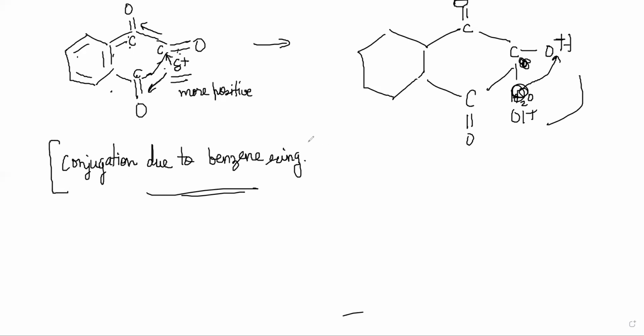Right now we'll not discuss that. We'll only analyze this on the basis of the electron withdrawing power, like which carbon is more positive. The more positive carbon is the more powerful electrophile, right? So more positive will be this ketone, so there the diol will be formed.